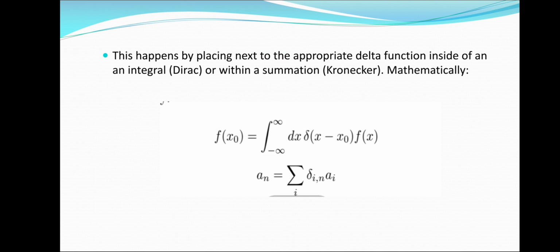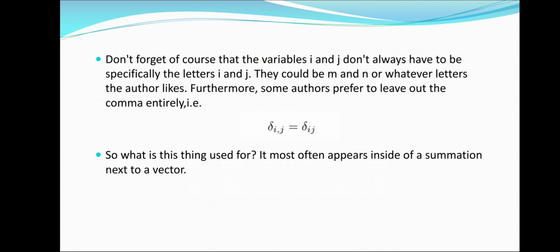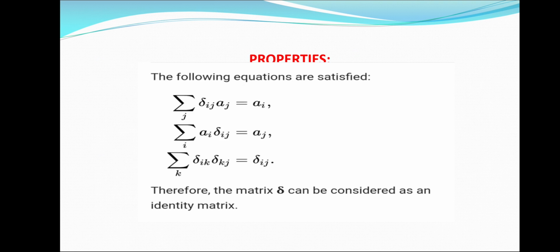The first equation is of the form of the Dirac delta function, represented in the form of an integral, and the second equation is the Kronecker delta function in summation form. We already discussed the Kronecker delta function and its properties in our previous class.